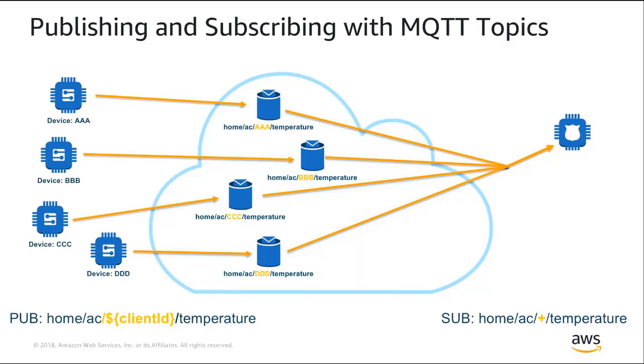As the devices are publishing to a topic, on the far right, we have one device that's subscribing, and that subscription is using a single level wildcard topic structure, which is a plus sign. So as any of these devices on the left publish their message inbound, it goes to the AWS IoT Core MQTT broker, and then this gets routed down to the device that is subscribing on this topic channel.